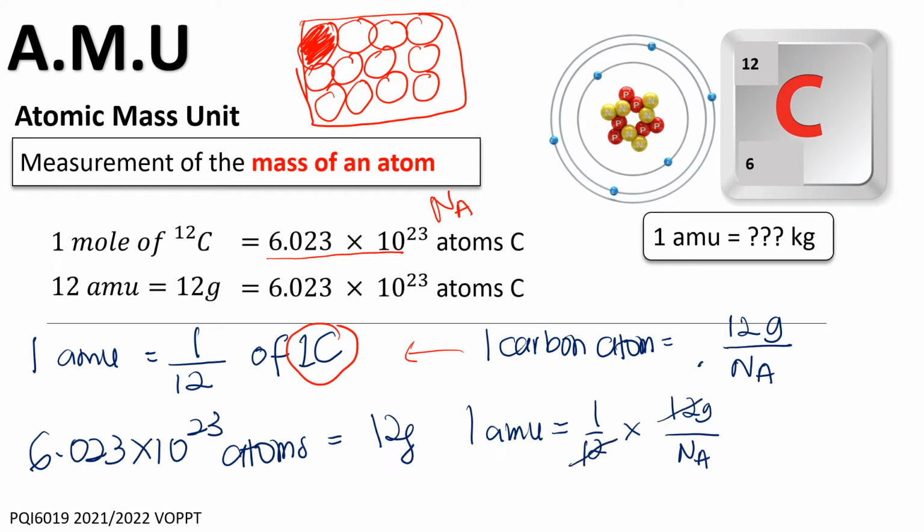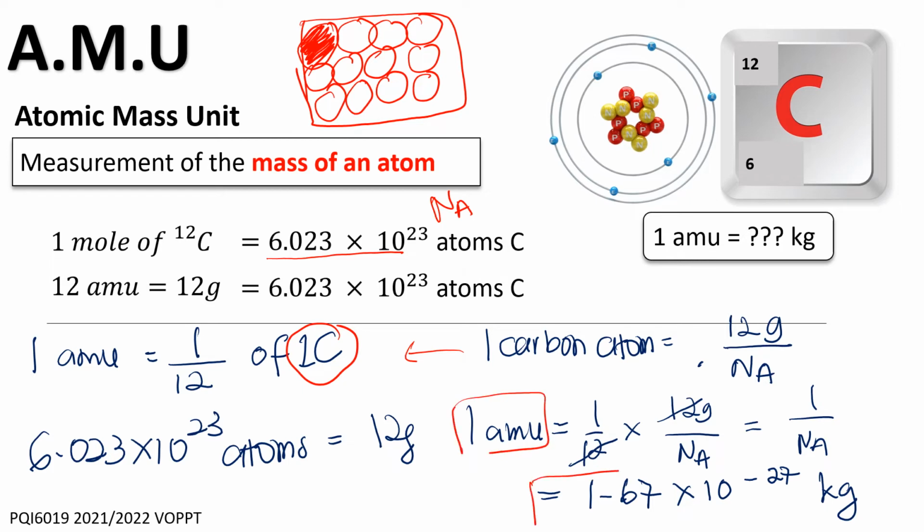We will get 1 AMU is equal to 1 over Avogadro constant, which the answer in kilogram is 1.67 times 10 to the power of negative 27 kilogram. So this is the important value in this topic.